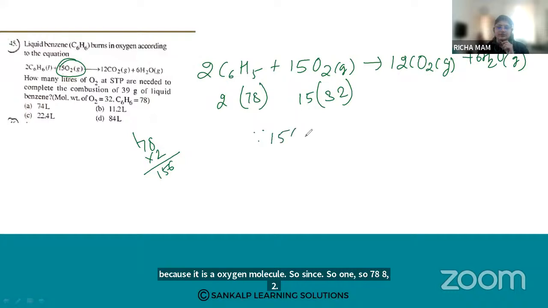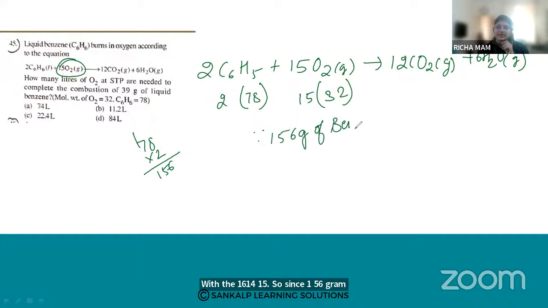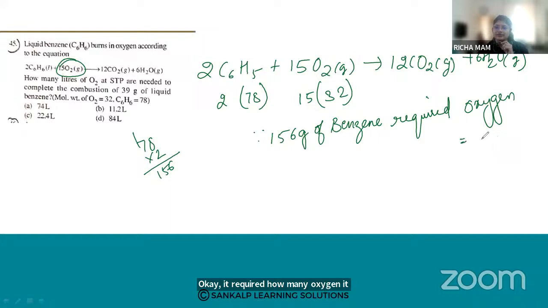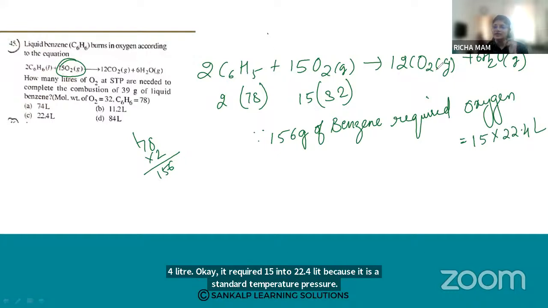So for 156 grams of benzene, according to the equation, how much oxygen is required? It requires 15 into 22.4 liters, because it is standard temperature and pressure, so we multiply by the standard 22.4 liters.